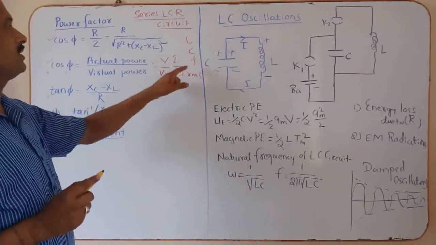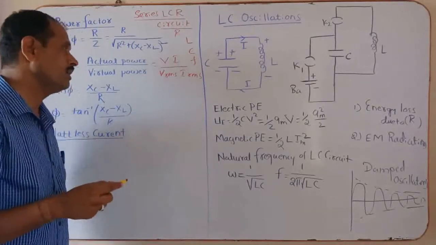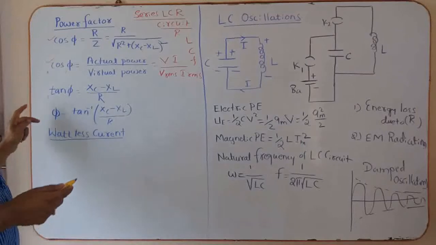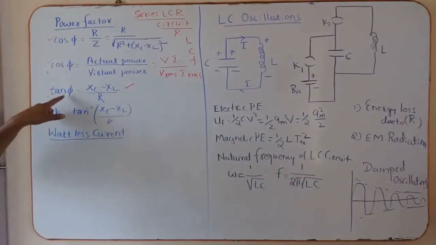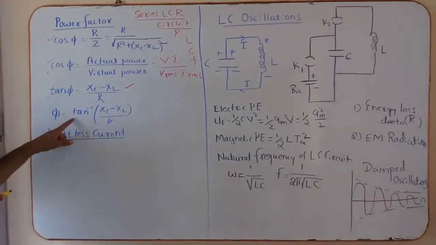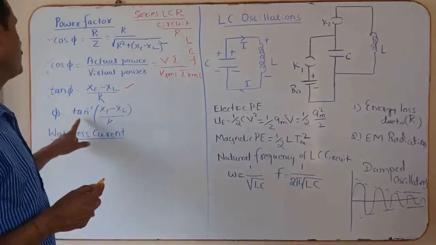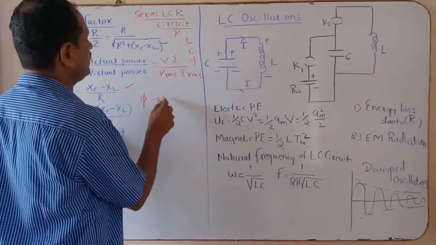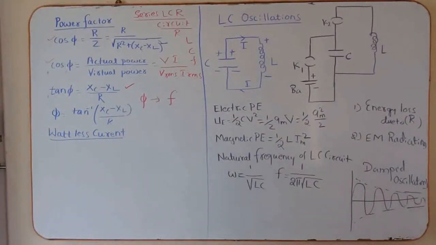With the help of the impedance diagram, tan phi is equal to (XC minus XL) divided by R. The phase angle between the voltage and current in the series LCR circuit is tan inverse of (XC minus XL) divided by R. This phi mainly depends upon the frequency in the series LCR circuit.